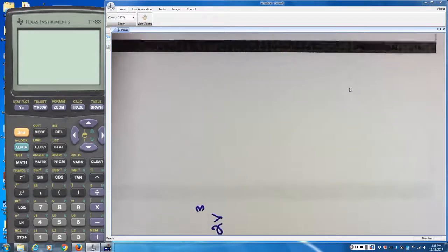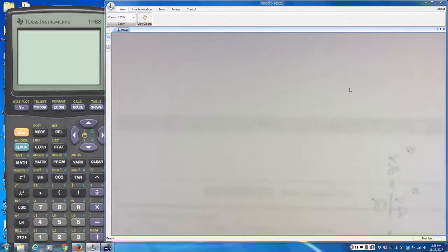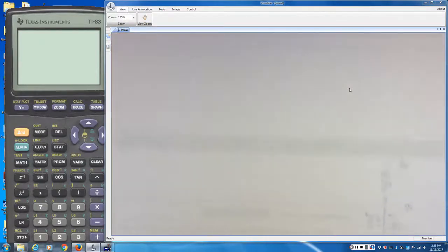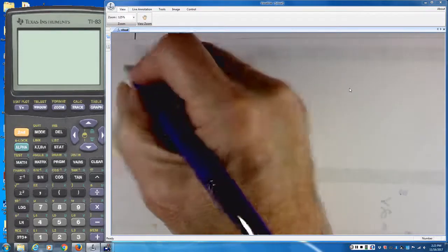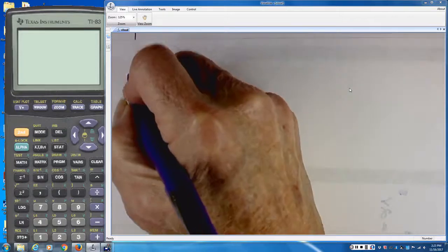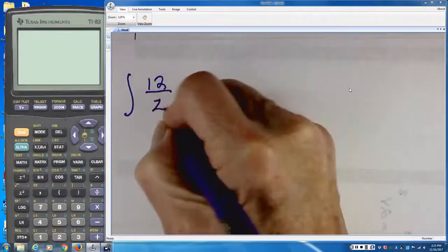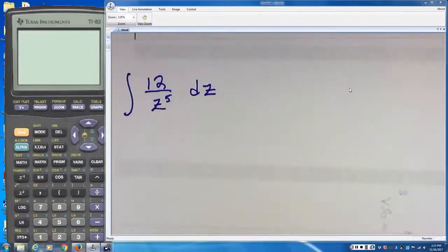Let's try another one. Part B on the next one. Let's get this up so I can see better. It is the integral of 12 over z to the 5th dz, which once again just tells us that what's in front of it is a derivative.